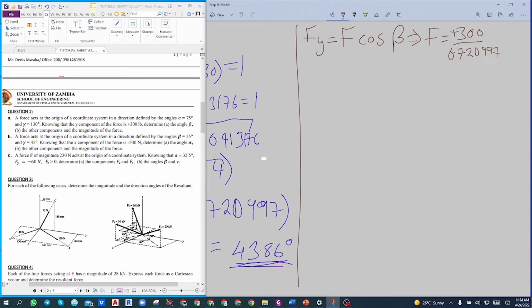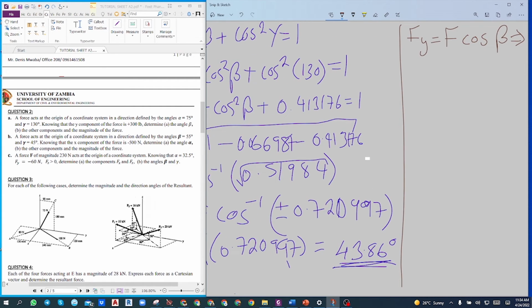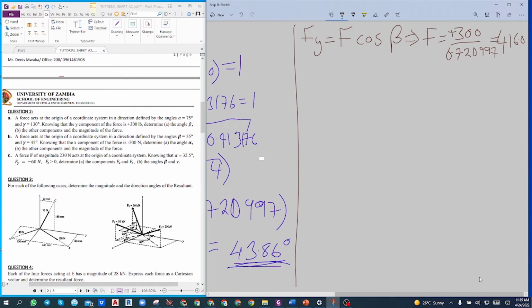So my F is equal to 416.09. Oops, writing at the edge. Let me write it properly here: 416.09. This is our F.